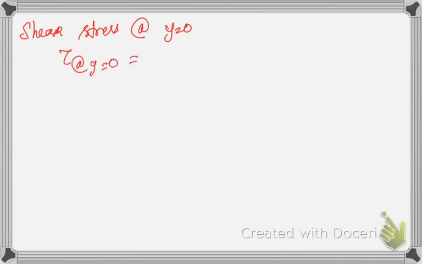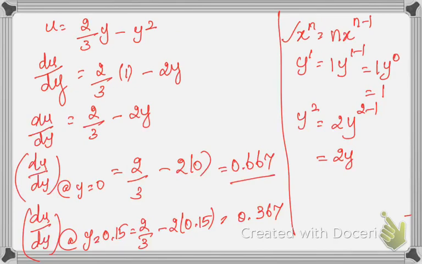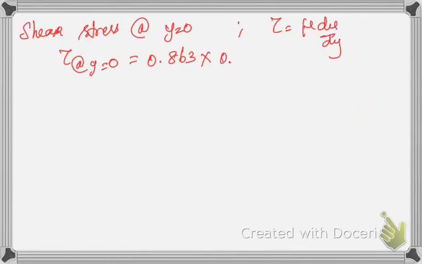So now I'll just substitute it. Shear stress at y is equal to 0, that is tau at y is equal to 0, the formula will be tau is equal to mu into du by dy. So in place of mu I am substituting 0.863, and for du by dy I have calculated the value as 0.667, which is equal to 0.5756 Newton per meter square.